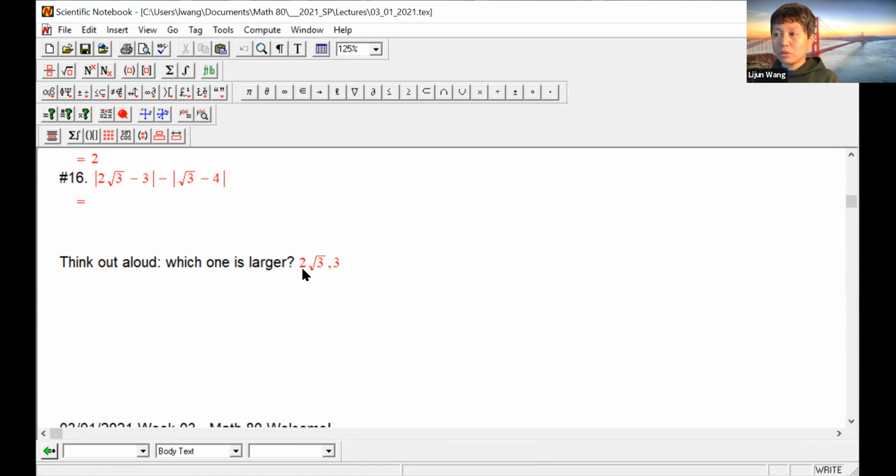So what I'm going to do is I'm going to square this number. What does that equal to? That's going to be 2 squared multiplied by root 3 squared.